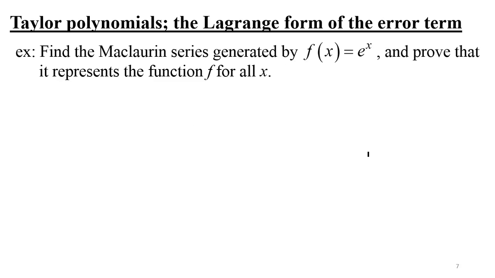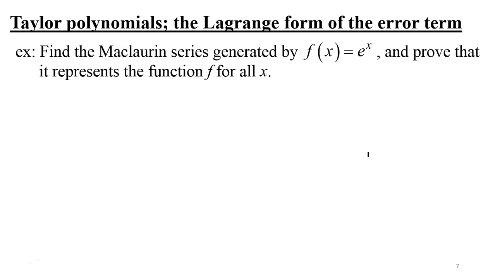So over here, if we just wrap up using this example, we need to find the Maclaurin series that is generated by the function f of x equal to e to the x and prove that it represents the function f for all x in R. However, regarding the Maclaurin series that is generated by y equals e to the x, we have found it in a previous lesson.